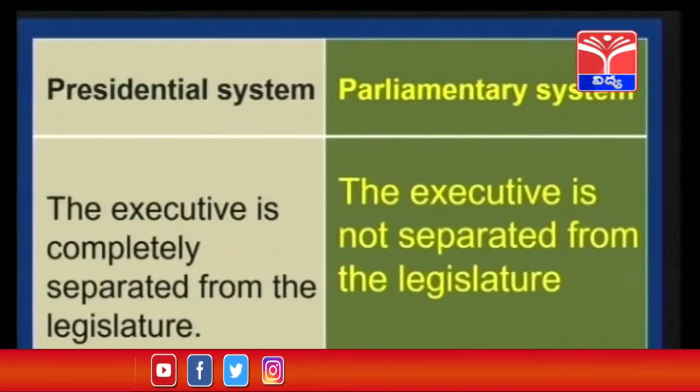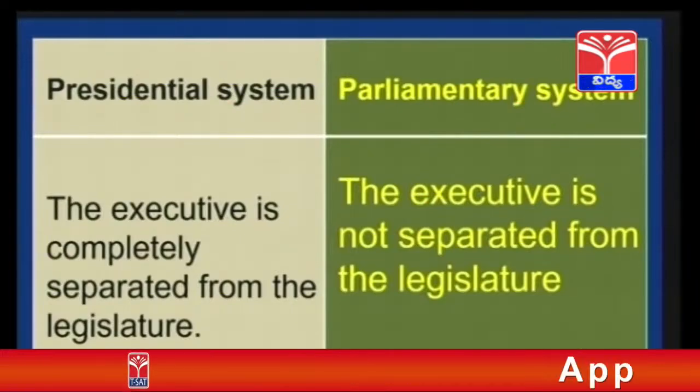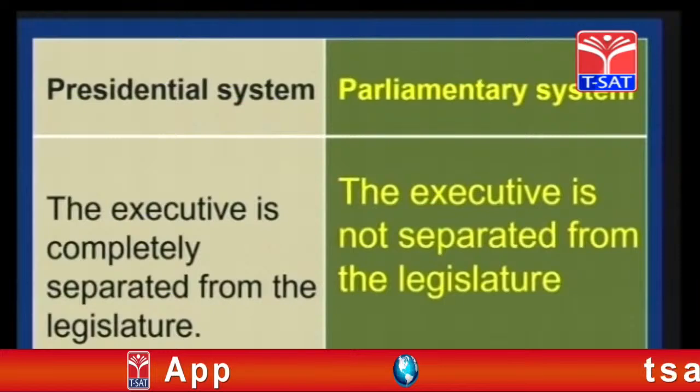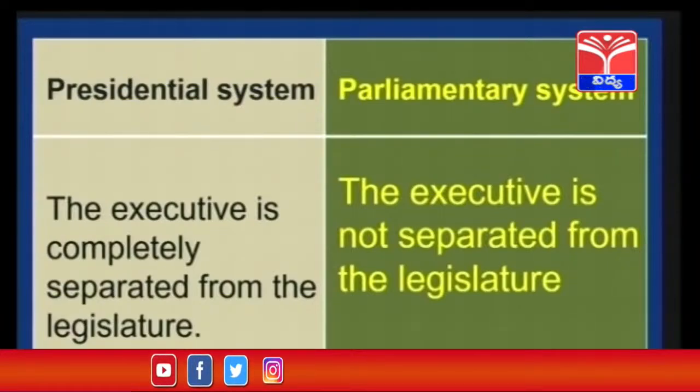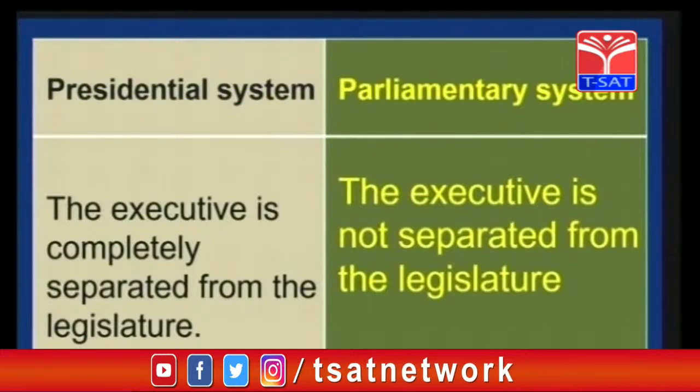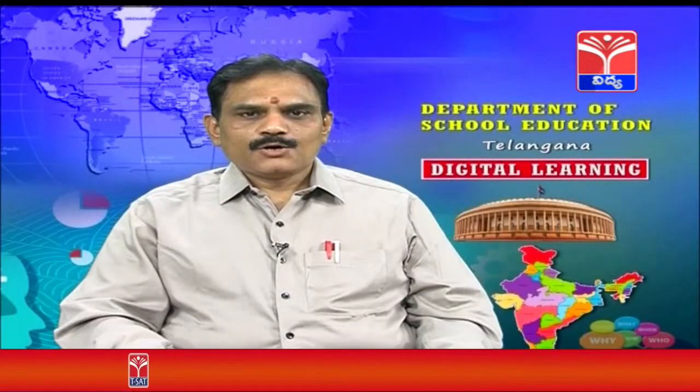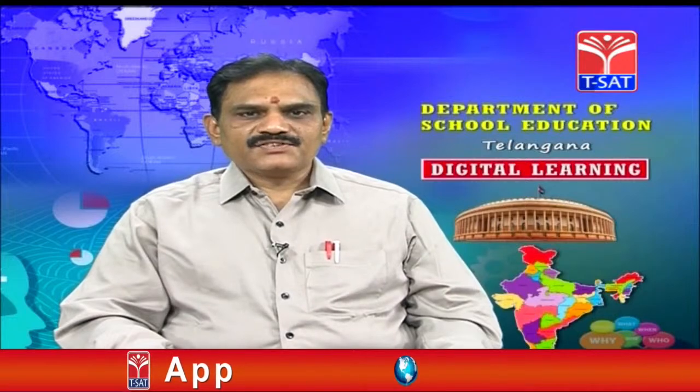In the presidential system, the executive is completely separated from the legislature, meaning there is no relation between the executive and the legislature. But in the parliamentary system, the executive is not separated from the legislature. Both executive and legislature are together.